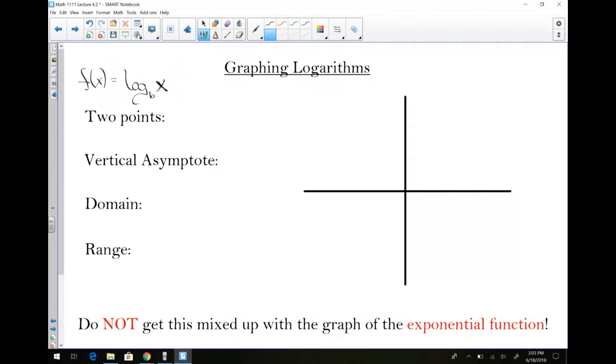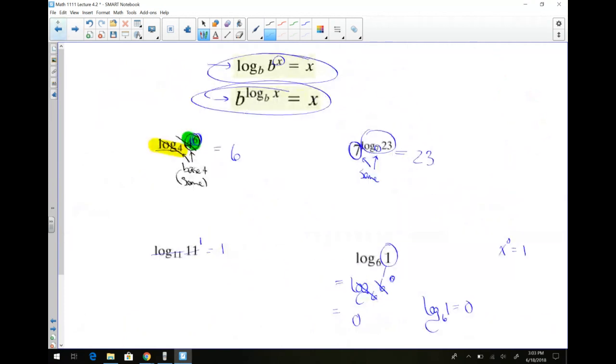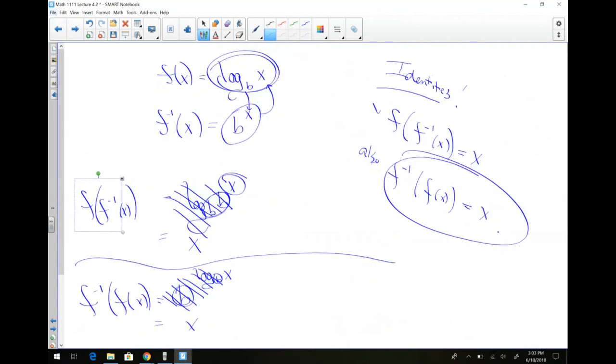We do have two important points, just like we did before with the transformations in section 2.5, as well as the transformations in section 4.1 with those exponential functions, which we probably need to go back to.